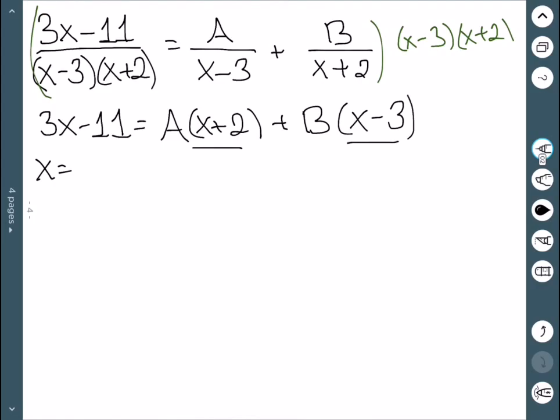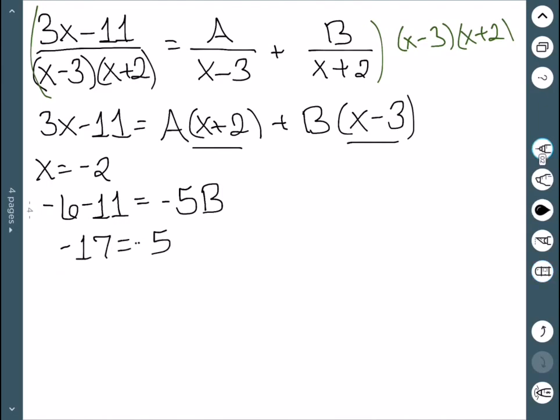We'll start with x equal to negative 2. On the left, that would be negative 6 minus 11. And on the right, we have a 0 and then b times negative 5. So negative 17 is equal to negative 5b. So b is equal to 17 over 5.